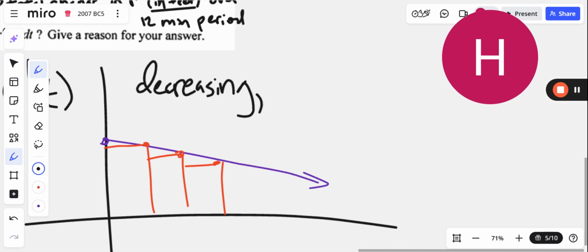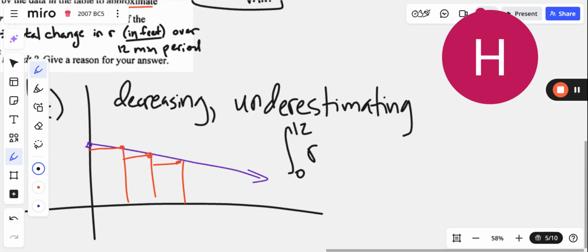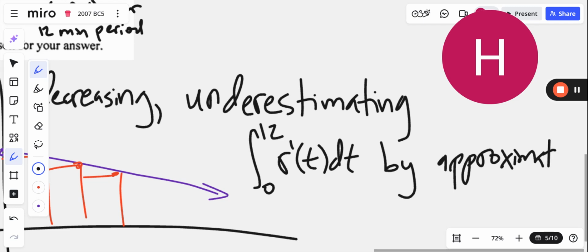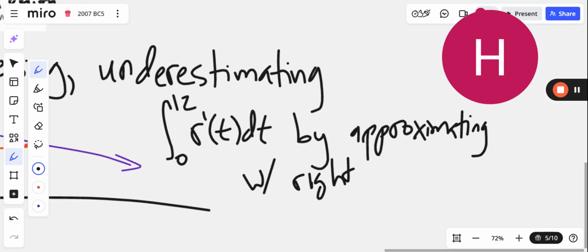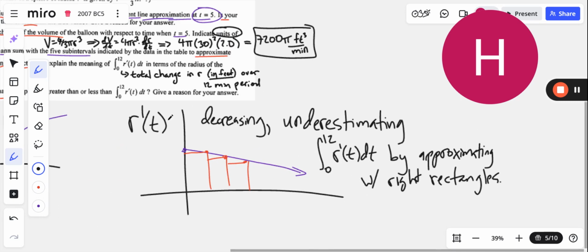Therefore, we are underestimating the change in the radius by using right rectangles. Okay, and that's a full explanation, a full reason why.